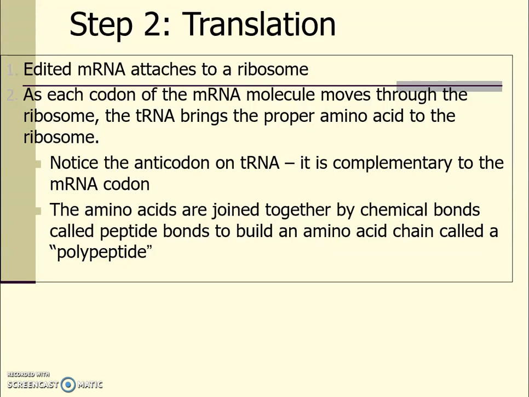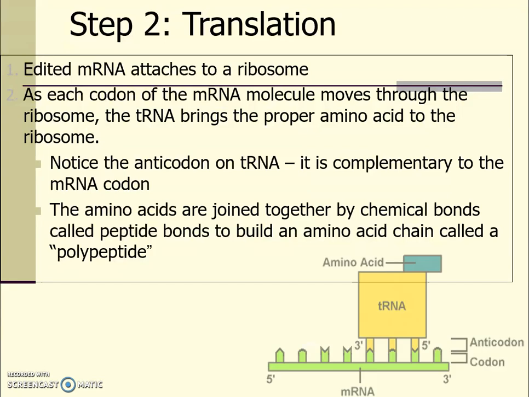Amino acids bond together with the help of peptide bonds, and this amino acid chain is called a polypeptide. This polypeptide chain will then eventually become a protein. And how it becomes a protein is by having different orientations.